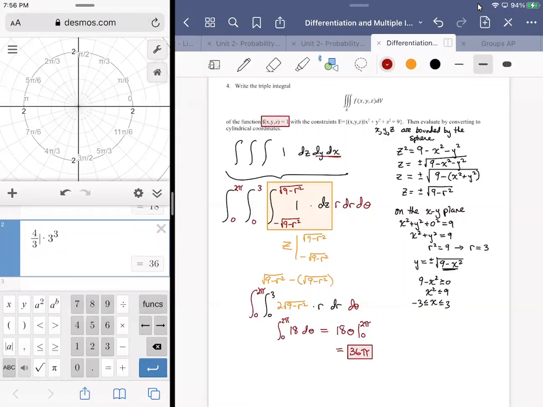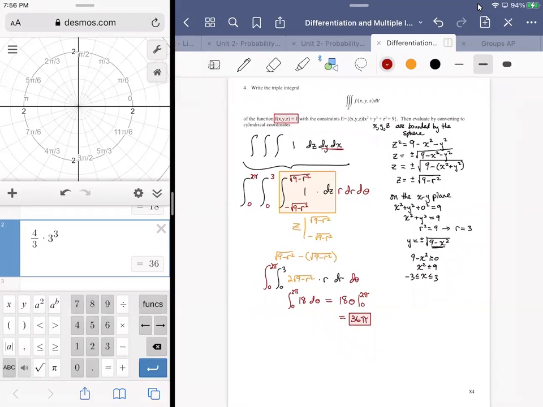So the volume of a sphere with a radius 3 would be 4/3 pi times the radius cubed. So it would be 36 pi, which is what we got using this approach. So we just verified, without using general terms, the volume of the sphere formula. All right, so I'm going to stop the recording.